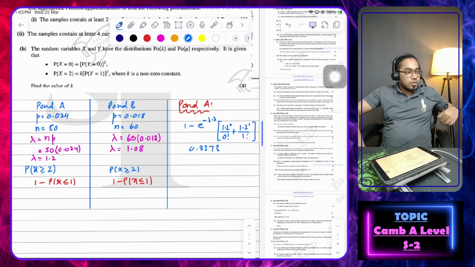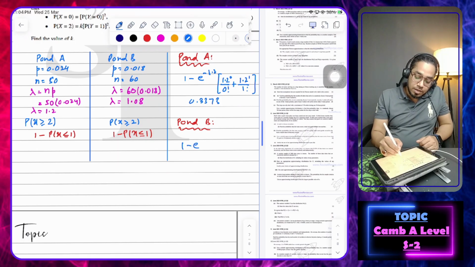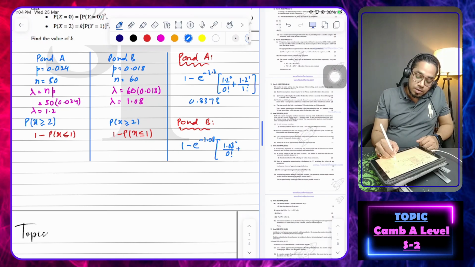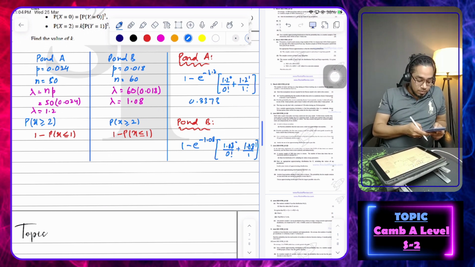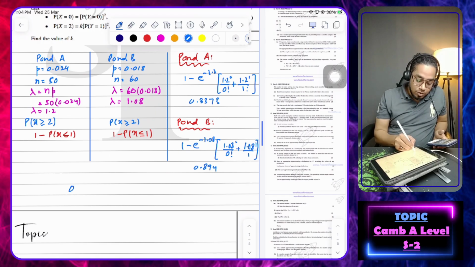And for the next one, pond B: 1 minus e to the power minus 1.08 times 1.08 to the power 0 divided by 0 factorial plus 1.08 to the power 1 divided by 1 factorial. So it is 0.3373 multiplied by 0.894.